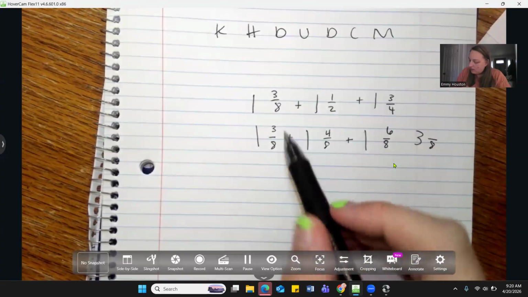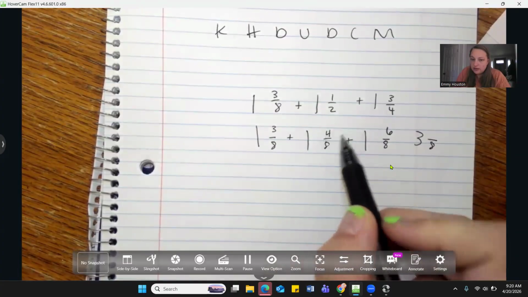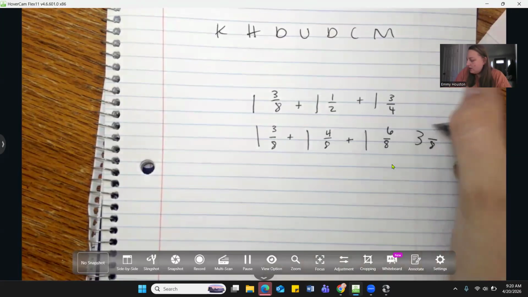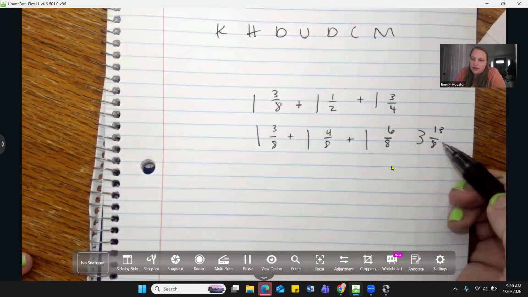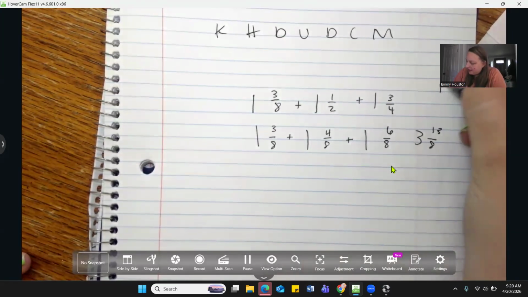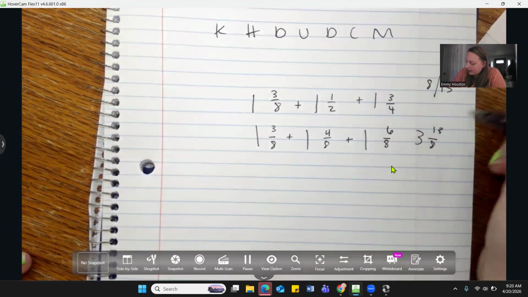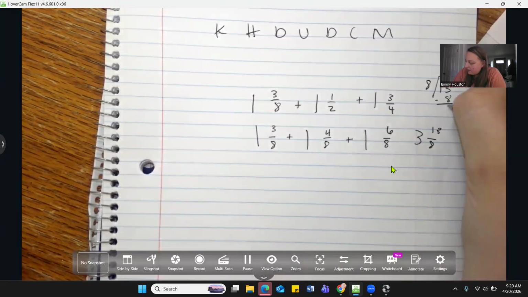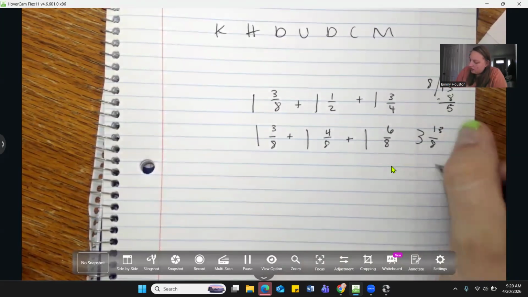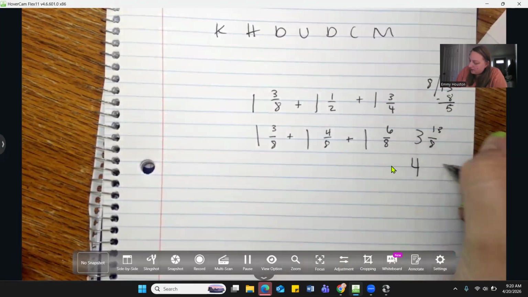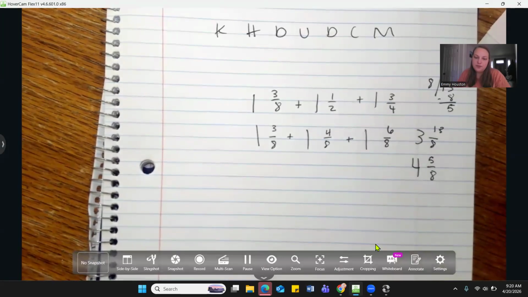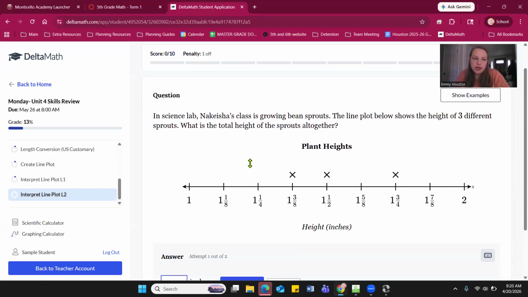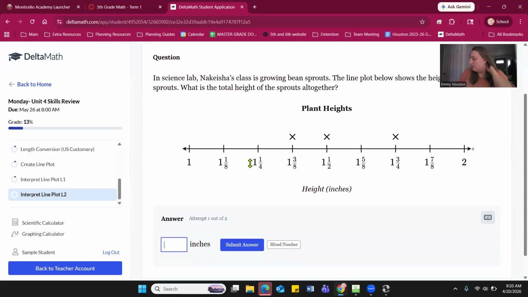Denominator stays the same. 3 plus 4 is 7. 7 plus 6, 13. Can't leave this improper. So if I divide 13 divided by 8, it's going to go in one time with 5 left over. So now I add this one to that, and that's 4 and 5/8.